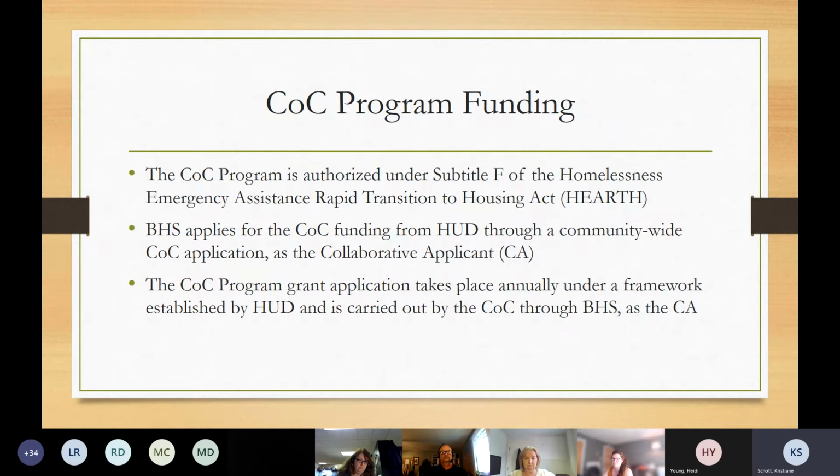The second part is all of the renewal and new project applications that have to be submitted to HUD. The third part is the priority listing, which lists all of the renewal and new project applications in order of ranking according to HUD standards, which I will talk about briefly.